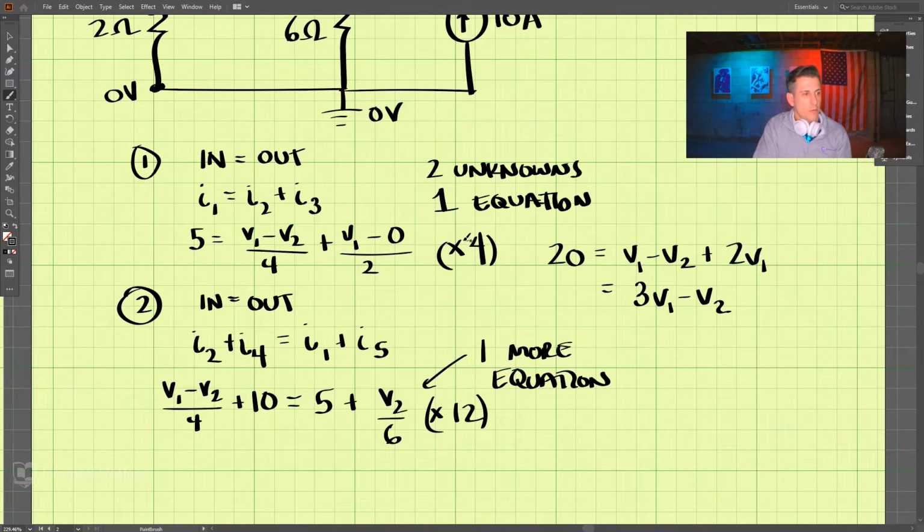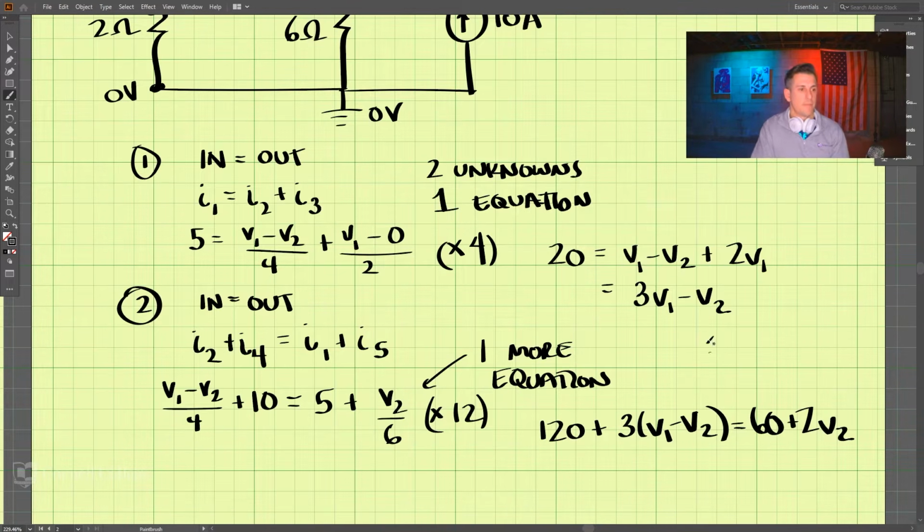So we multiply this one by 4, multiply this one by 12, and we get 120 plus 3V1 minus V2 equals 60 plus 2V2.